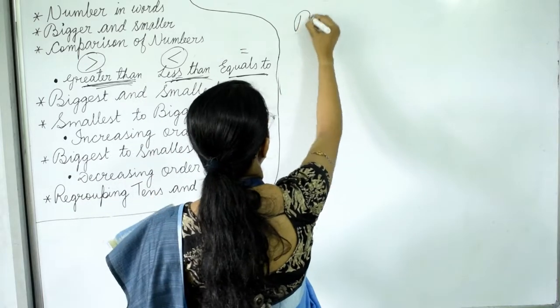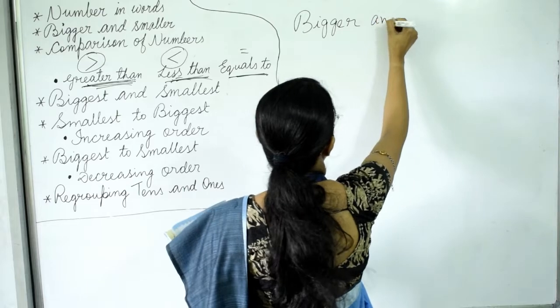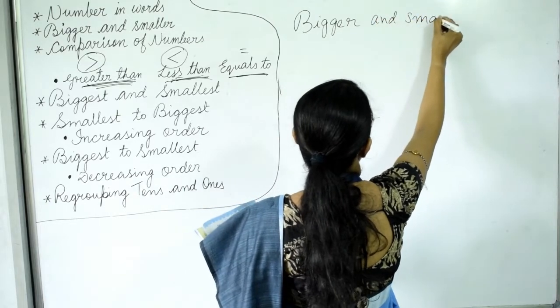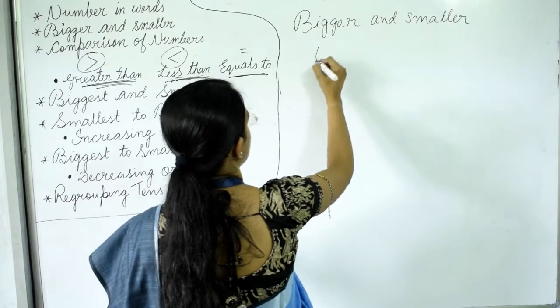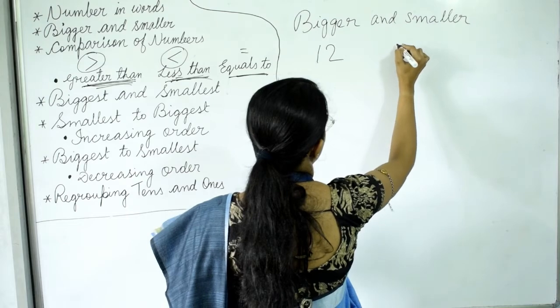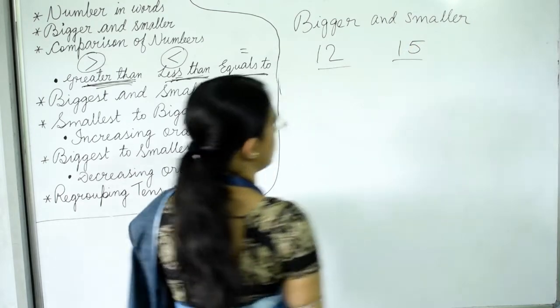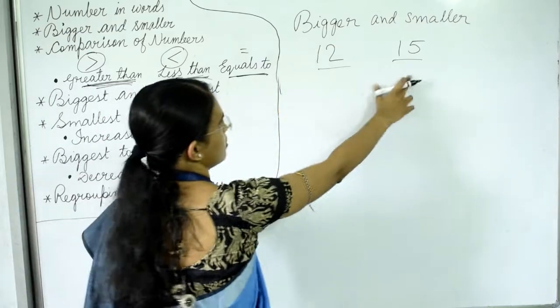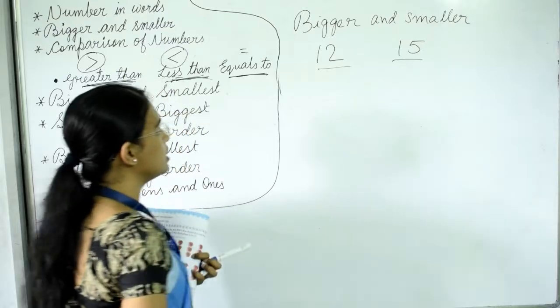Now in bigger and smaller number, we have to compare two numbers. Suppose like 12 and 15. So we have two numbers there. With the help of these two numbers, we have to find out which one is the smaller number and which one is the bigger number.